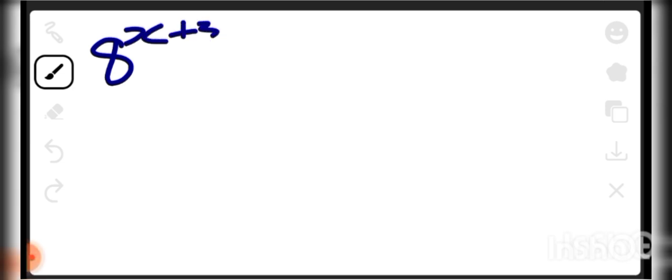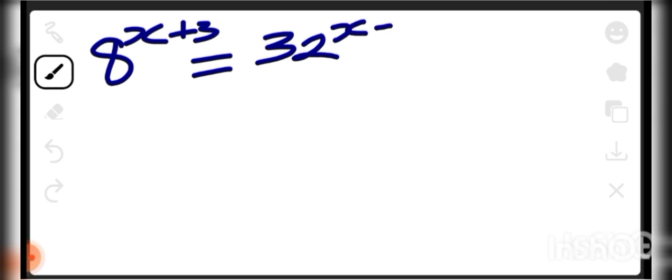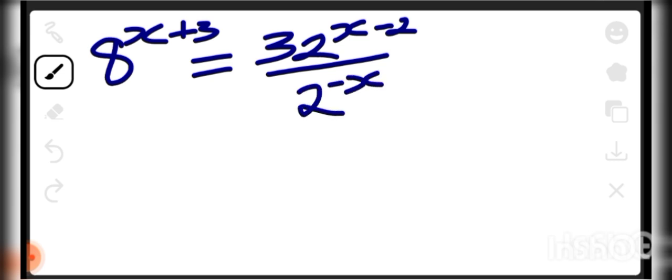So the next question is, if we have 8 raised to power x plus 3 equal to 32 raised to power x minus 2, then divided by 2 raised to power minus x, what must be the value of x?